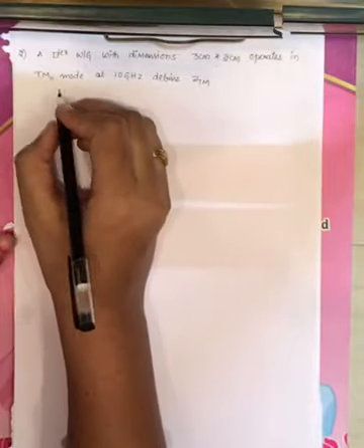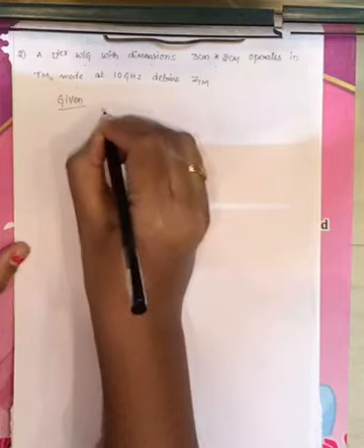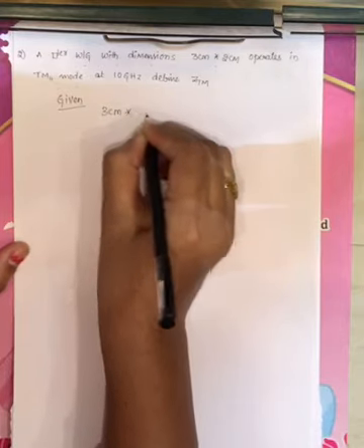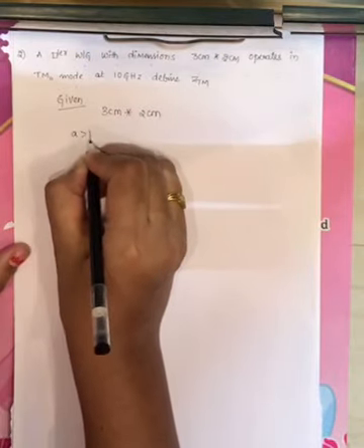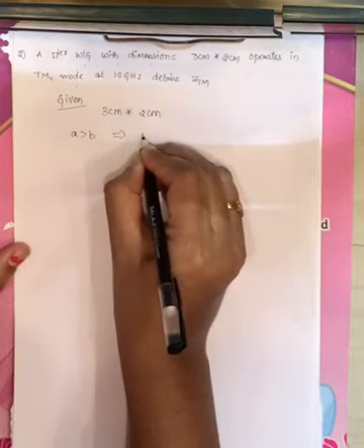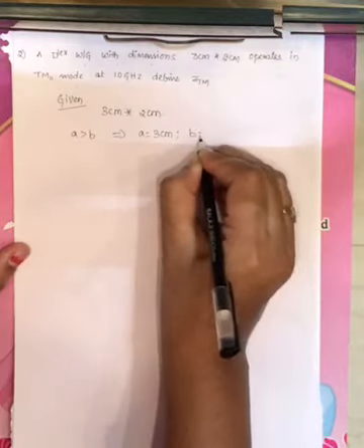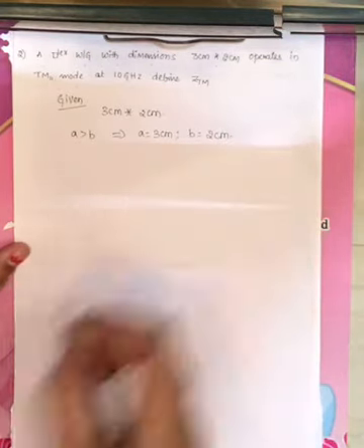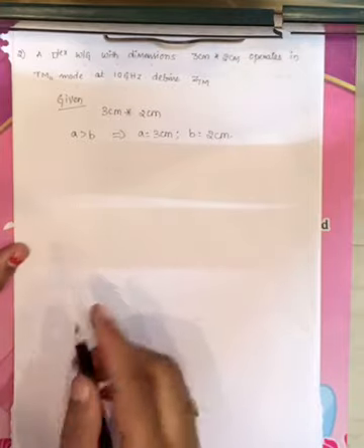Now what is given? 3 centimeter cross 2 centimeter, right? These are the dimensions of the rectangular waveguide. Always a is greater than b, right? If you follow this criterion, a is nothing but 3 centimeter and b is nothing but 2 centimeter.